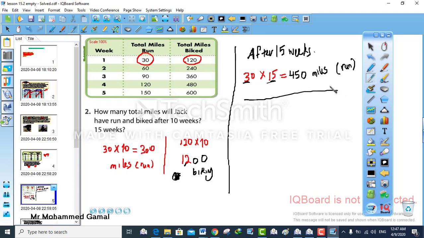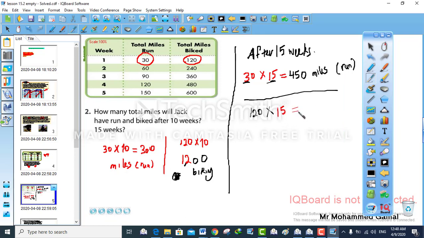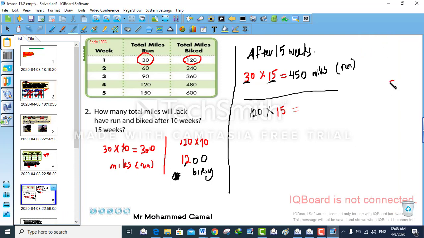And biking, I will multiply the 120 by the number of weeks, which is 15. It's like to just multiply the 12 by 15. 2 by 5 is 10, carry the 1. 2 by 1 is 2, plus 1 is 3. Don't forget the 0. 1 times 5 is 5. 1 times 1 is 1.